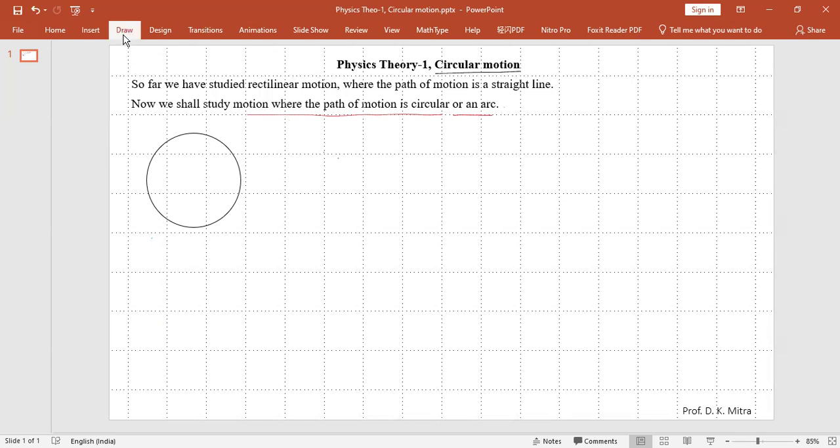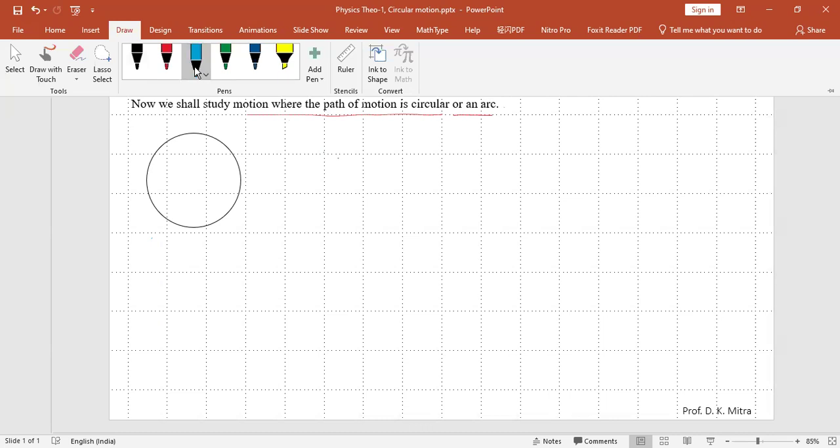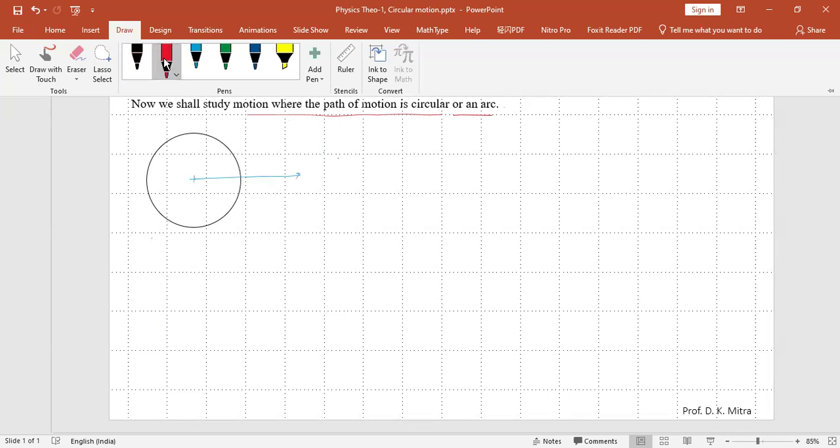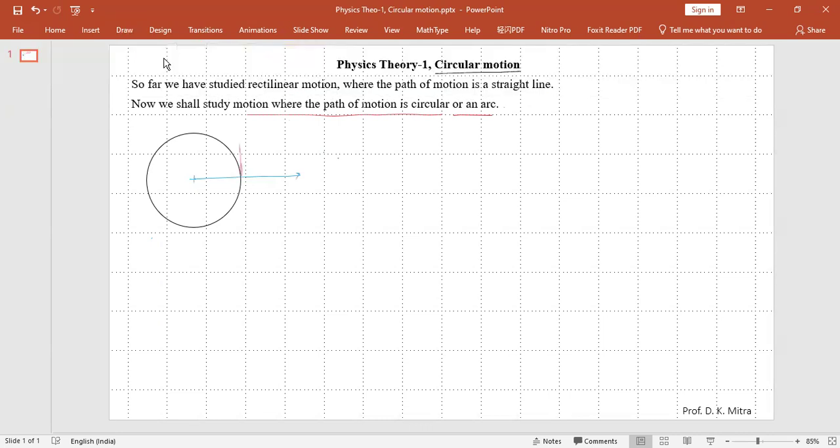Firstly, let us consider this is a circle and this is the x-axis, and let us say at any point of time the body is here and it is moving with a velocity v. It is of course obvious that at any point of motion, the direction of the velocity vector is always tangential.